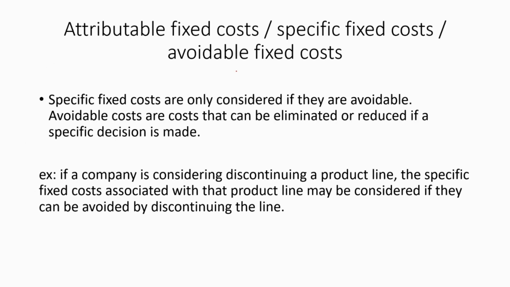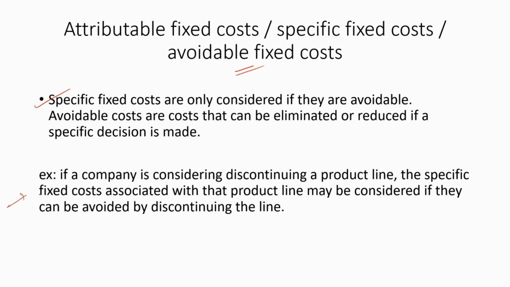Attributable fixed costs, specific fixed costs, or avoidable fixed costs. Specific fixed costs are only considered if they are avoidable. Avoidable costs are costs that can be eliminated or reduced if a specific decision is made.